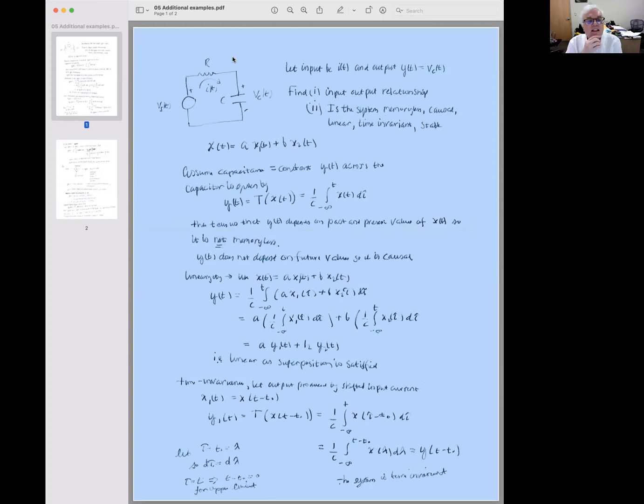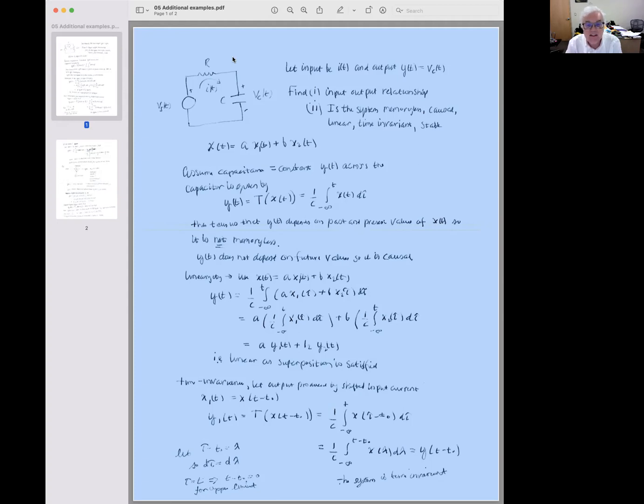And what I do on this one is I take an RC circuit, I introduce inputs and outputs, and basically I ask, first of all, to find the input-output relationship. And then I ask, is the system memoryless, causal, linear, time invariant, and stable? And so I put in a function x of t, and I assume the capacitor is constant, and basically then I write an expression for the output, and you can see it's not memoryless.